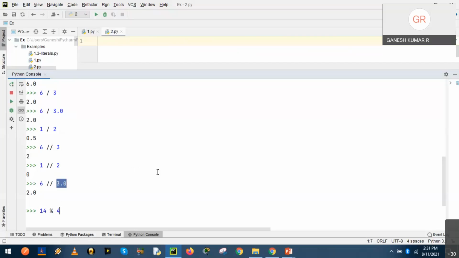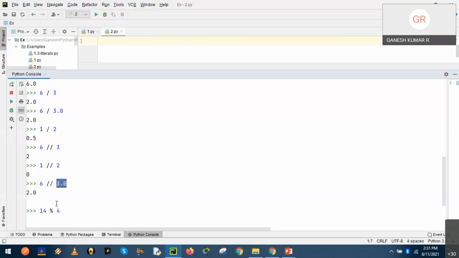The result of the operator is the remainder left after the integer division. Please note, the result of the percentage operator is the remainder left after the integer division. In other words, it's the value left over after dividing one value by another to produce an integer quotient.